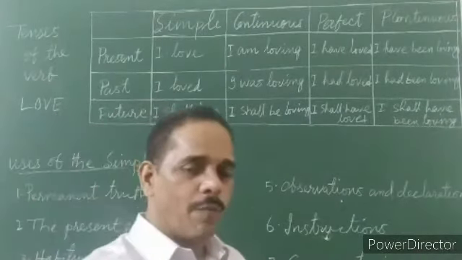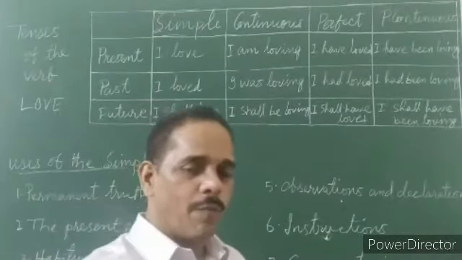Normally we say verb 1, verb 2 and verb 3. Verb 1 is the base form. Verb 2 is the past tense and verb 3 is the past participle. And the ing form, you can say either ing form or continuous form. People say differently, no problem.